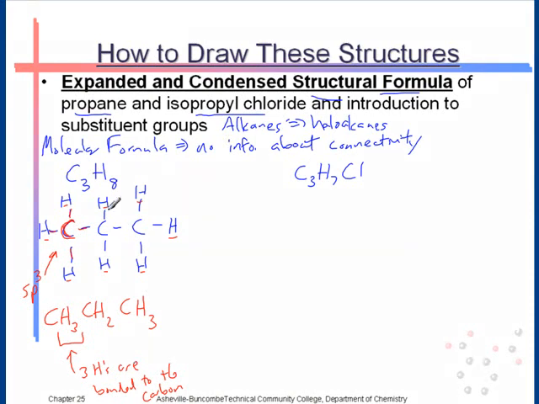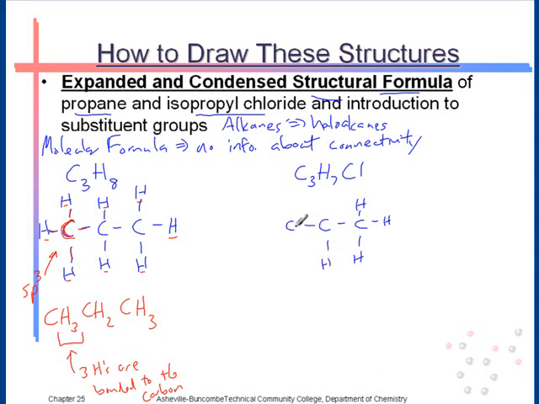And let me just go ahead and do the expanded structural formula for this particular one, isopropyl chloride. There is an issue that we're going to deal with a lot, and it's this notion that a unique name is going to yield a unique compound, a unique condensed structural formula. Now, the expanded structural formula for isopropyl chloride will look like this.